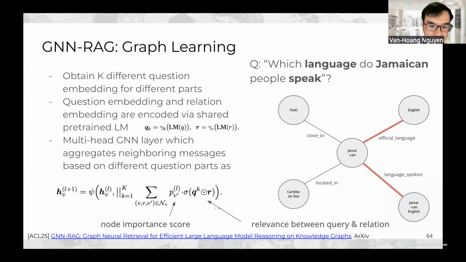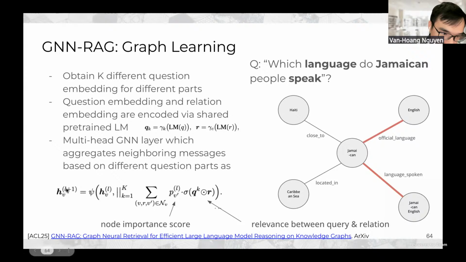The query embeddings and the relation embeddings are then encoded via a shared pre-trained language model, which can be models such as BERT or RoBERTa, etc. And the multi-head GNN layers will aggregate the neighboring messages based on the different question parts, as in the equation below. So I'll try to break down these equations.